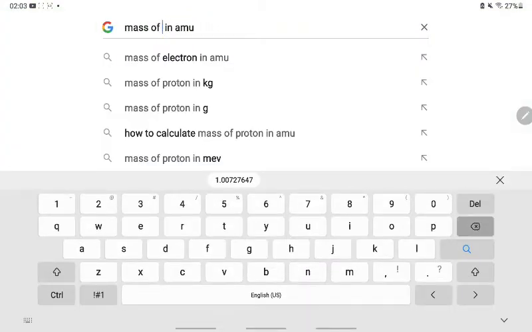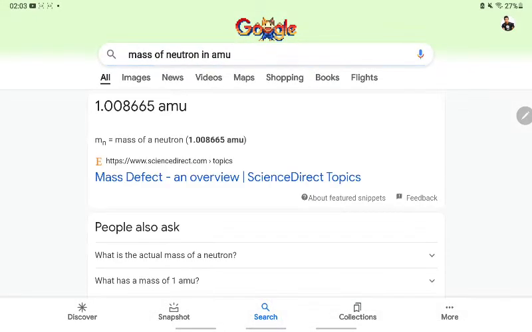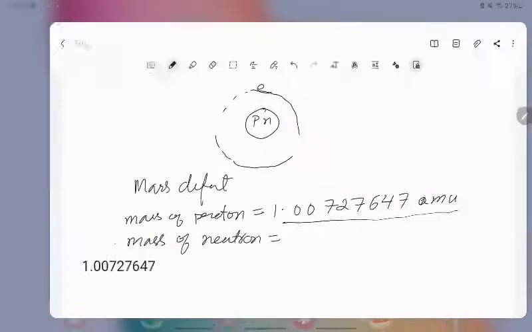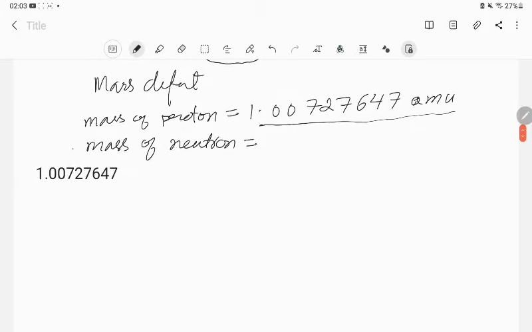The mass of a neutron in AMU is 1.008665 AMU. So this is the mass of a neutron.